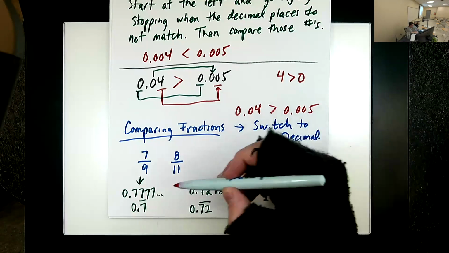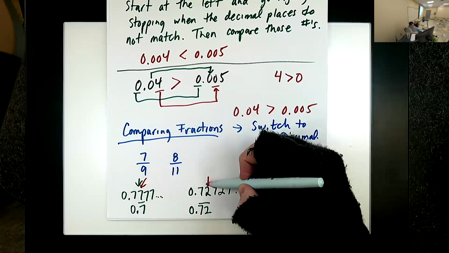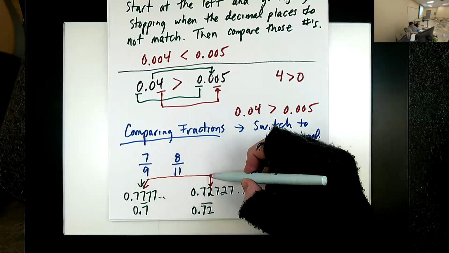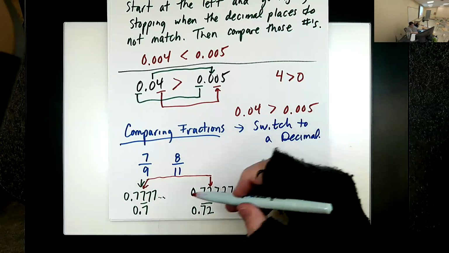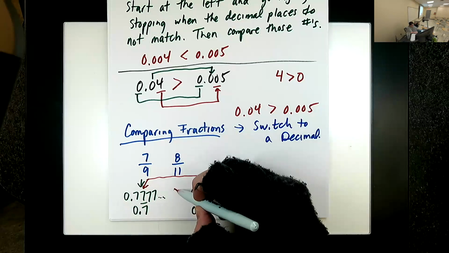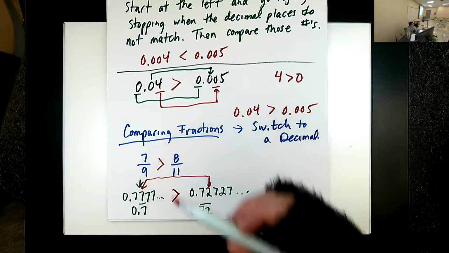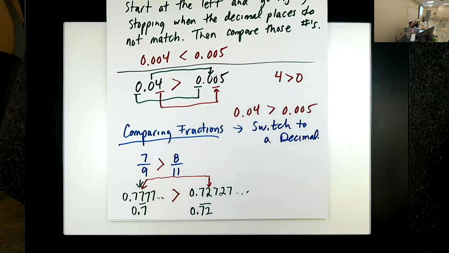Either way, once I've gone along, I can see that the second decimal, or the hundredths place, is where they differ. This 7 right here is larger than that too. So that number on the left's bigger, which means 7/9 is greater than 8/11.